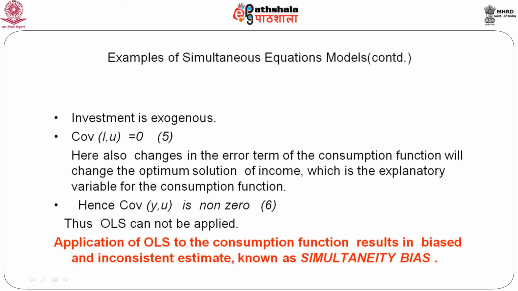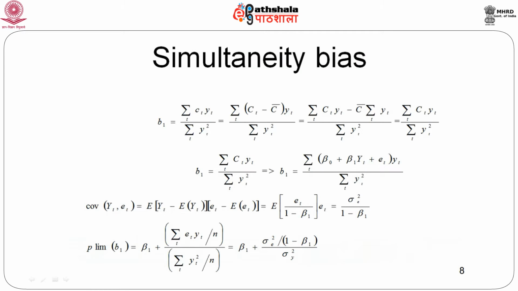So, what result are we getting? The application of OLS to the simultaneous equation model will lead to biased and inconsistent estimates of the structural parameters, which is known as simultaneity bias. If you determine the OLS coefficient, you can show that.